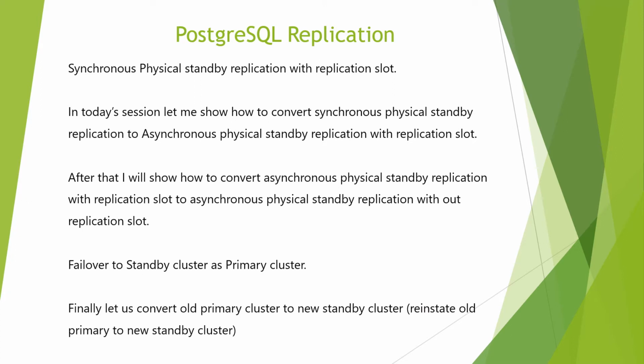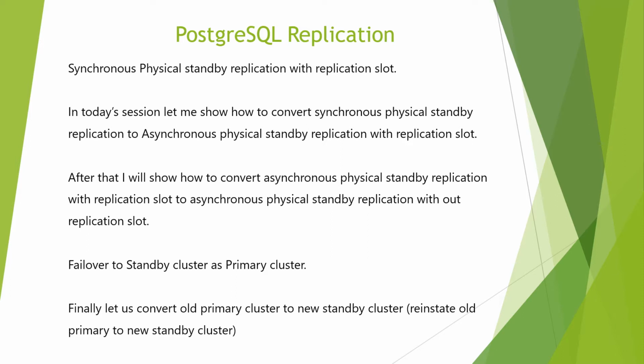Last week I covered the topic on synchronous physical standby replication with replication slot. In today's session, let me show how to convert synchronous physical standby replication to asynchronous physical standby replication with replication slot. After that, I will show how to convert asynchronous physical standby replication with replication slot to asynchronous physical standby replication without replication slot.